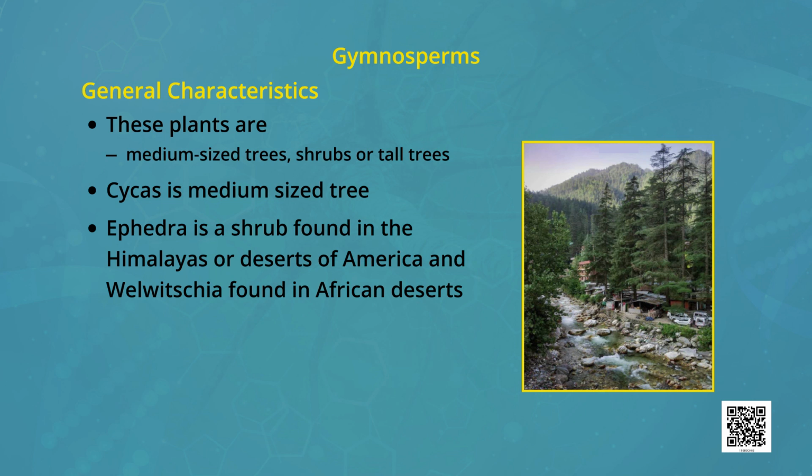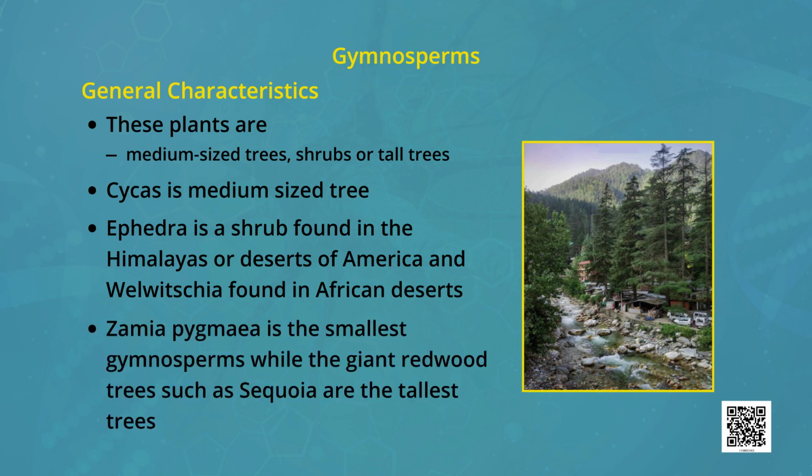Zamia pygmaea is the smallest gymnosperm. Pygmaea comes from pygmies, which means small. They can be tall trees. You must have heard about the tallest tree, sequoia. These redwood trees are believed to have evolved when the dinosaurs were roaming on this earth, and they are still present on the earth today.